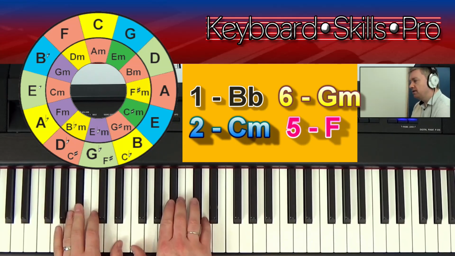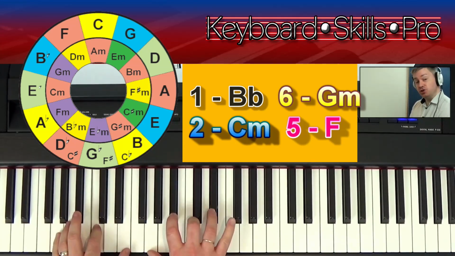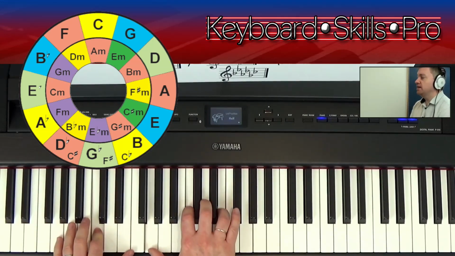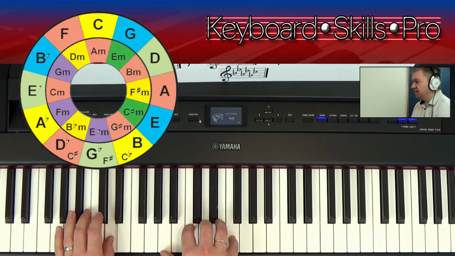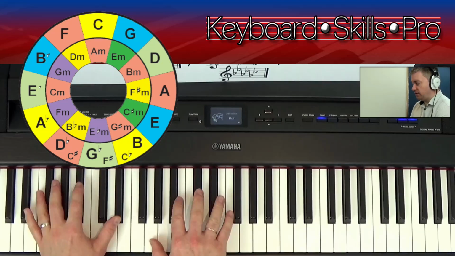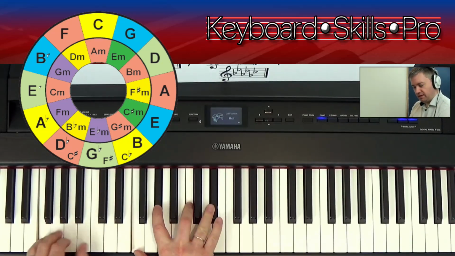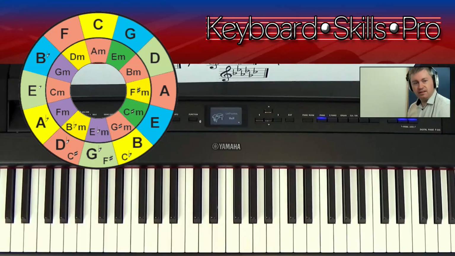So now I could go 6, C minor 2, then F. Now do it in C, C, A, D, G, A flat. Okay, and then we've got B flat minor. So I can do it in any of the 12 major keys. Isn't that clever? So that's how we use the circle of fifths to make introductions.